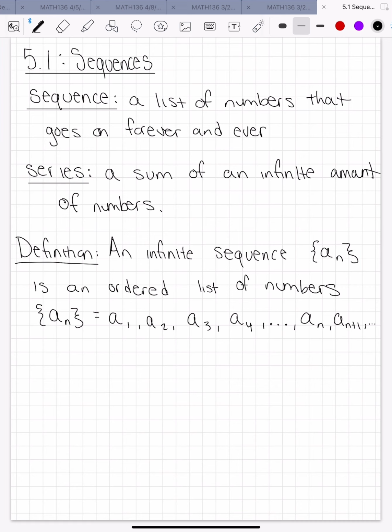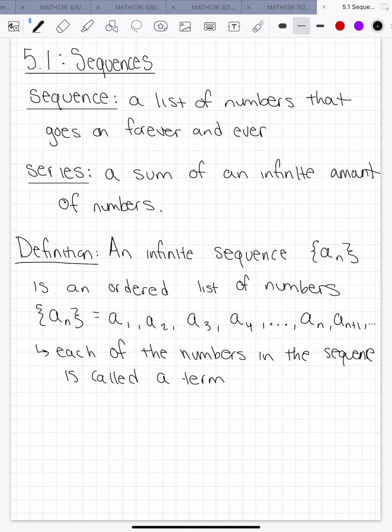It goes on forever. Each of the numbers in the sequence is called a term. So let's highlight our vocabulary words here.